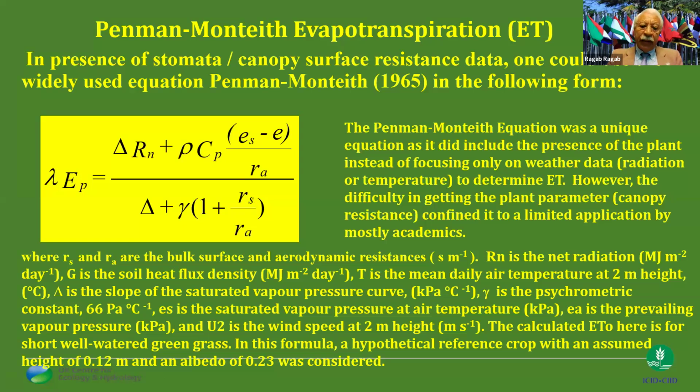Other equations were developed by meteorologists, and they didn't really consider the plants at all. It was really missing one of the vital parameters that represents the crops. So this is the first equation in which the plant or the crop was recognized as an important factor in the calculation of evapotranspiration.